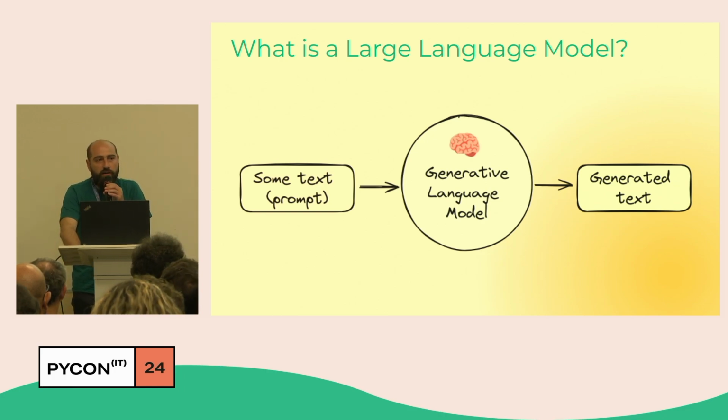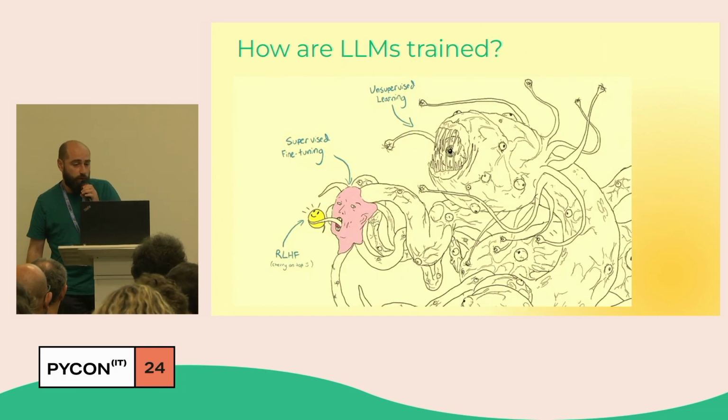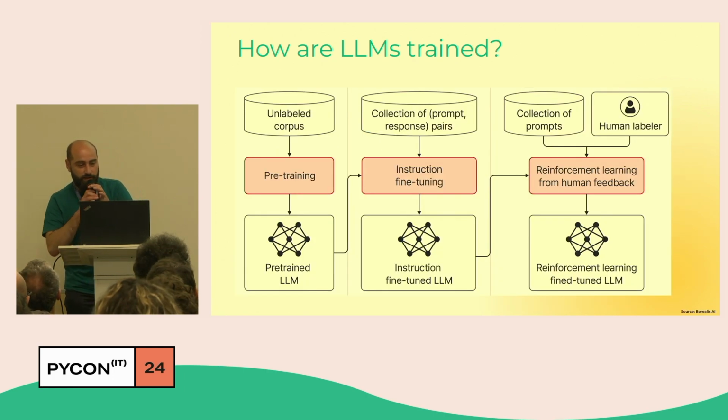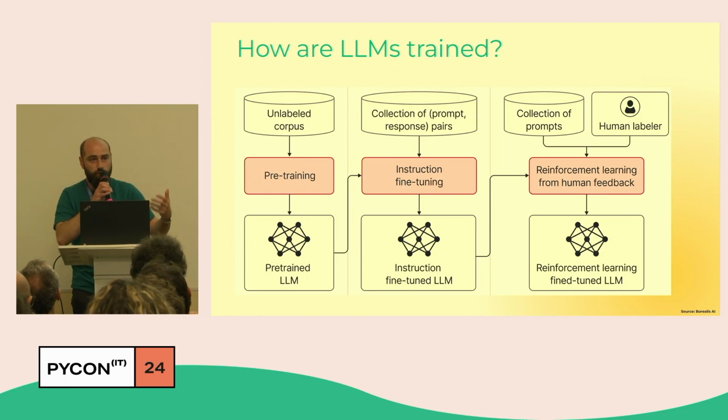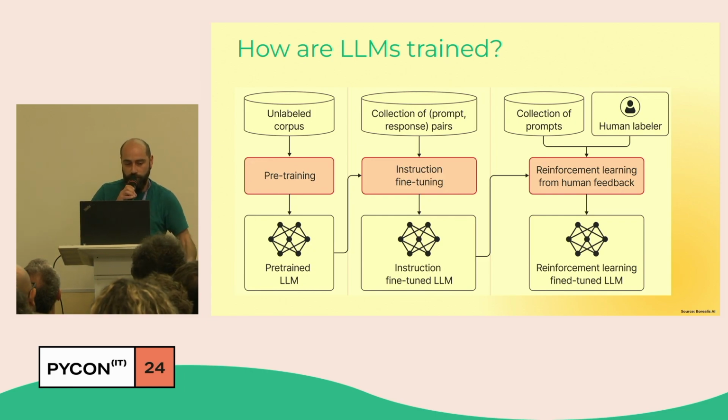But how are they trained? This is a very popular image. It is nice. There are three phases: unsupervised learning, supervised fine-tuning, and then human alignment optimization. Let's see it in a more structured way. This slide refers to OpenAI models, so it's not generic, but it helps us to introduce this topic.